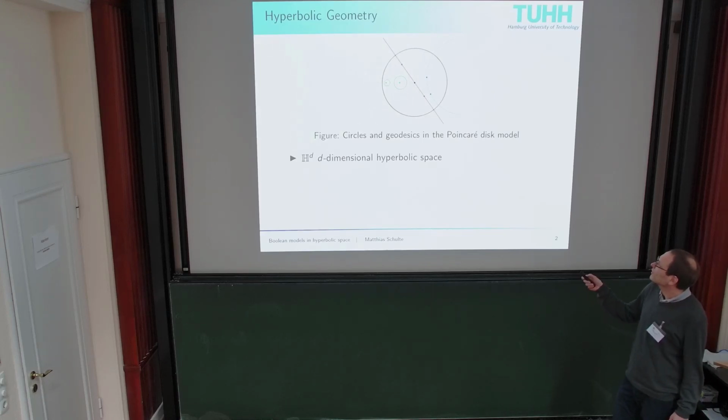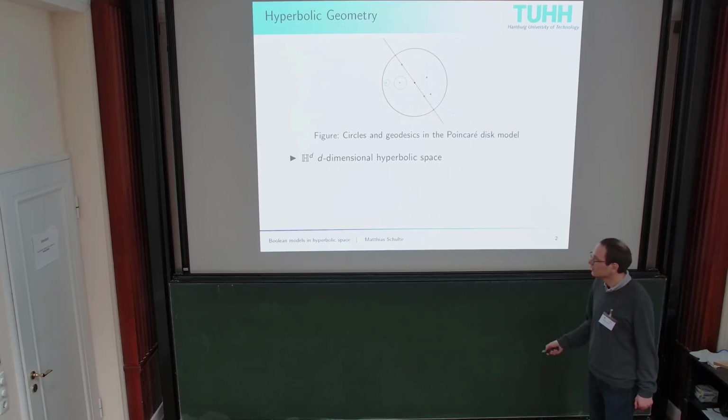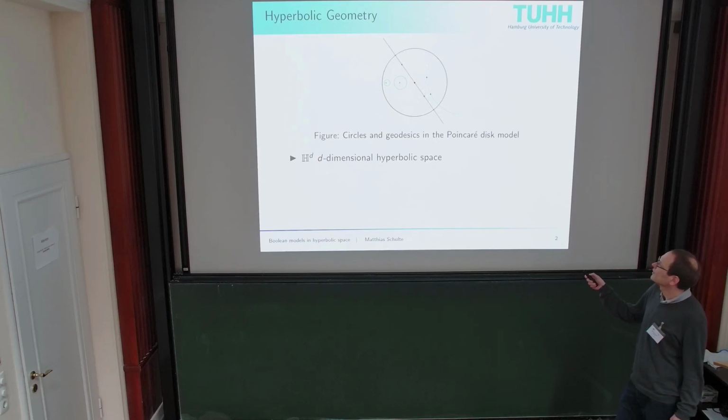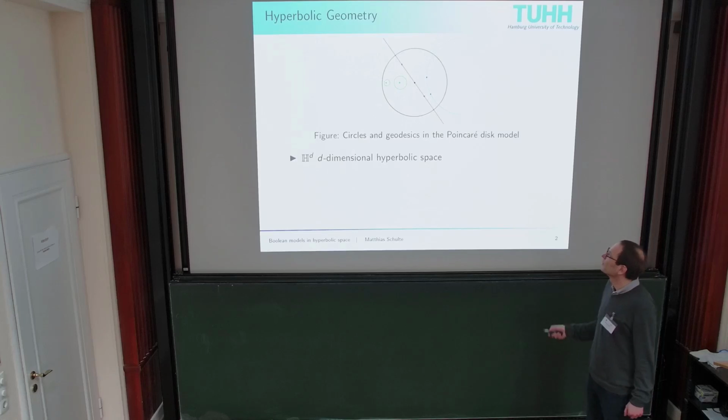And in the Poincaré disk model, hyperbolic space is this black circle. And what you can see here is a geodesic between these two points. In case of two antipodal points, the geodesic goes through the center of the disk.